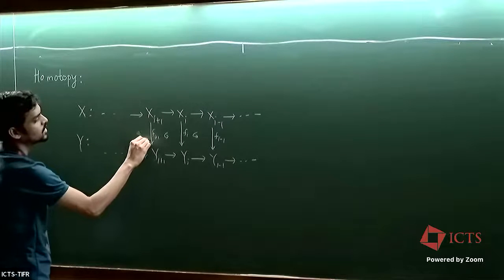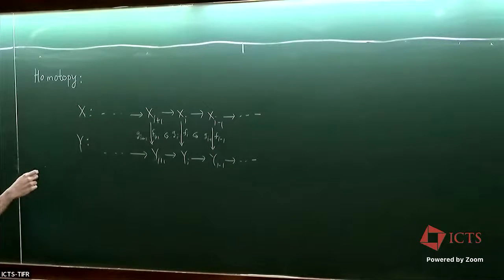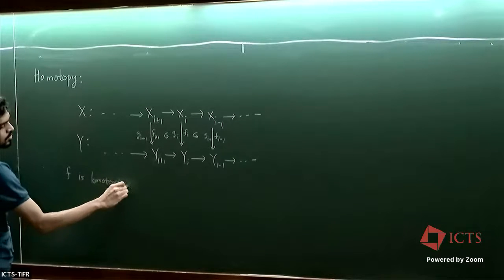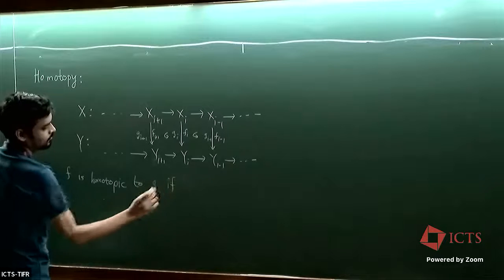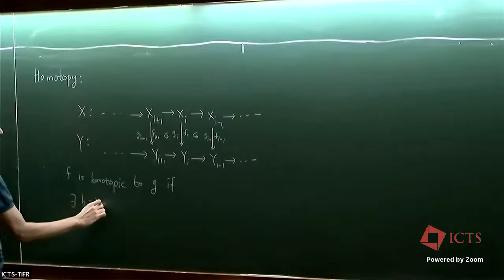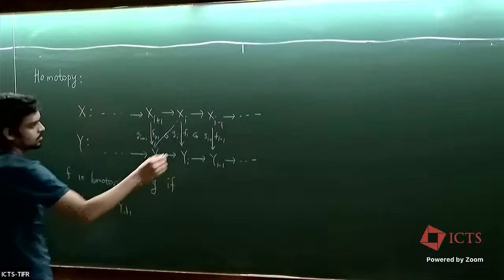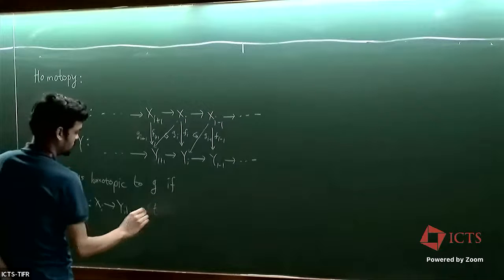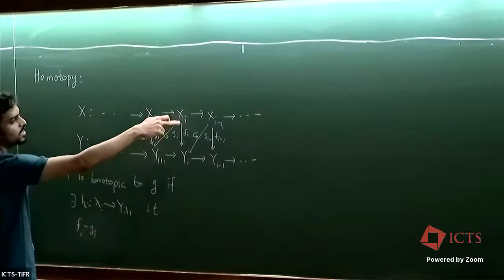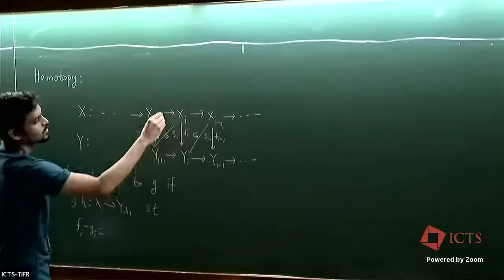Now suppose I have two such chain maps, F and G. Then we say that F is homotopic to G if there are maps h_i from x_i to y_{i+1} like this, for every i, such that the difference f_i minus g_i is equal to this plus this.